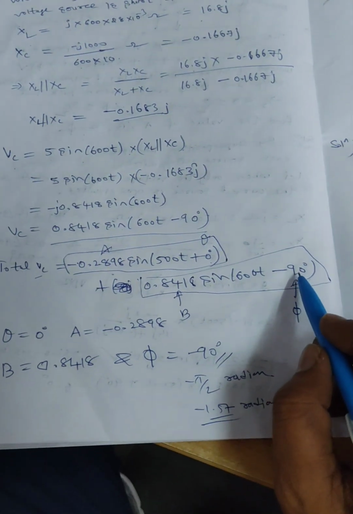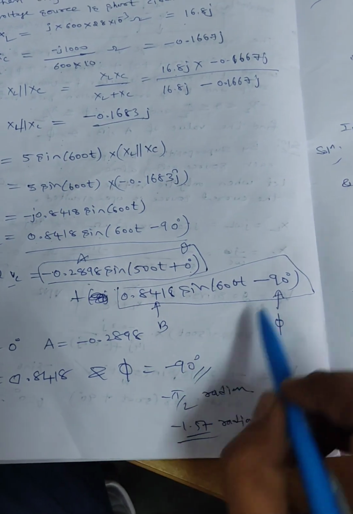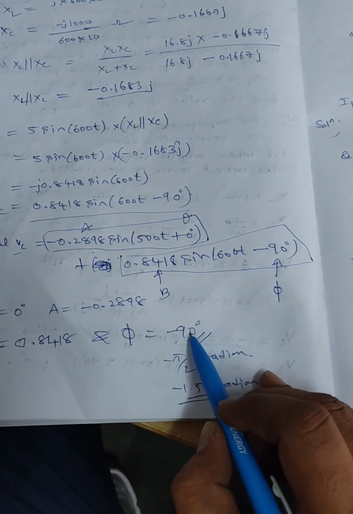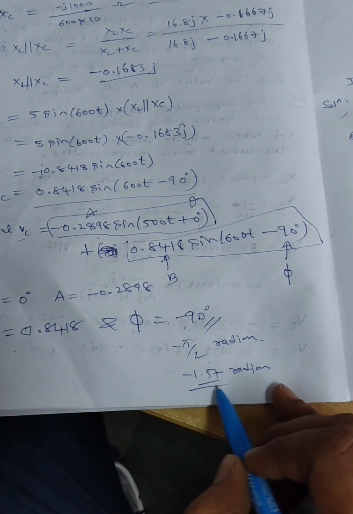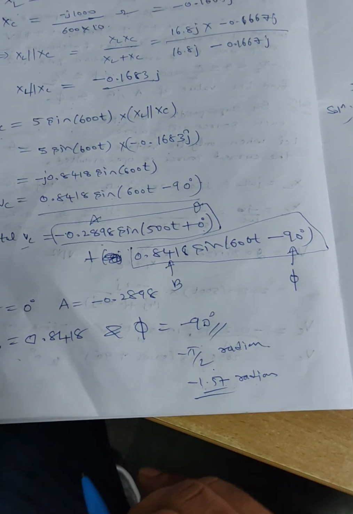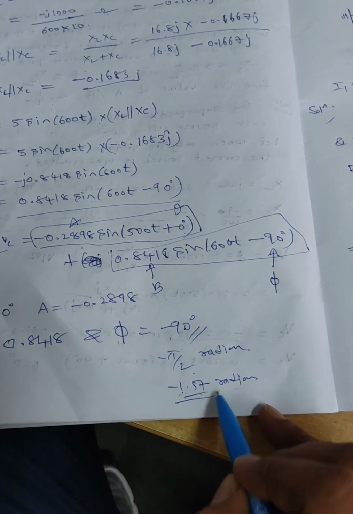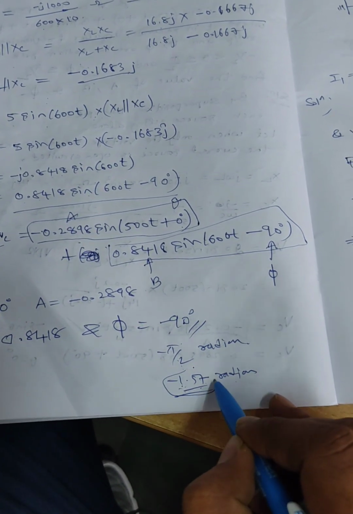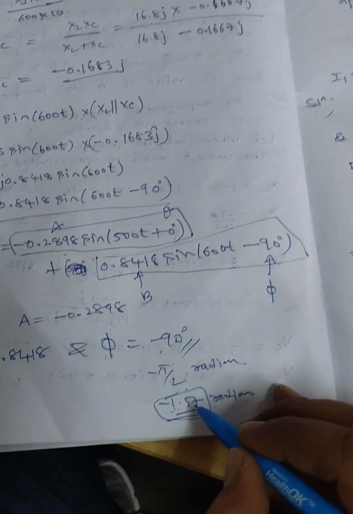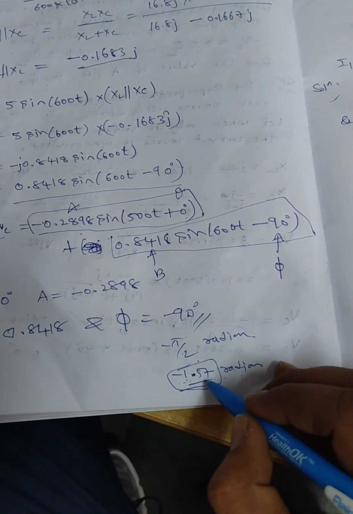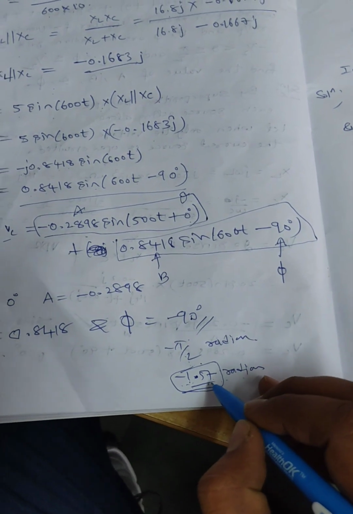Okay, I wrote 90 degree, but you should mention that in terms of radians. 90 degree is called what? Pi by 2 radians. What is pi by 2 in terms of numerical value? 1.57 radian. Okay, do this in the calculator, you will get minus 1.57. You are recommended to enter this value in the answer, minus 1.57 radian. Okay, actually it is pi by 2 radian only. The simplified value of pi by 2 is 1.57.